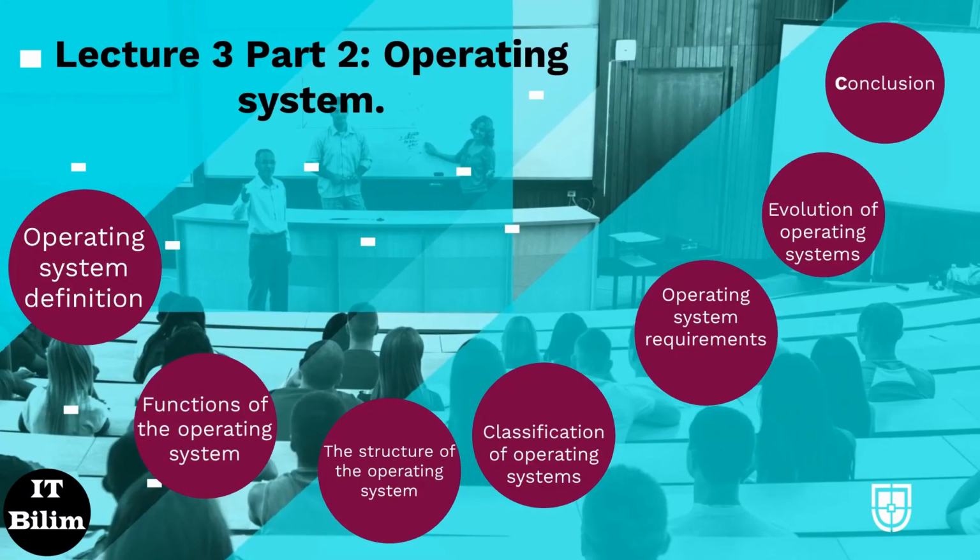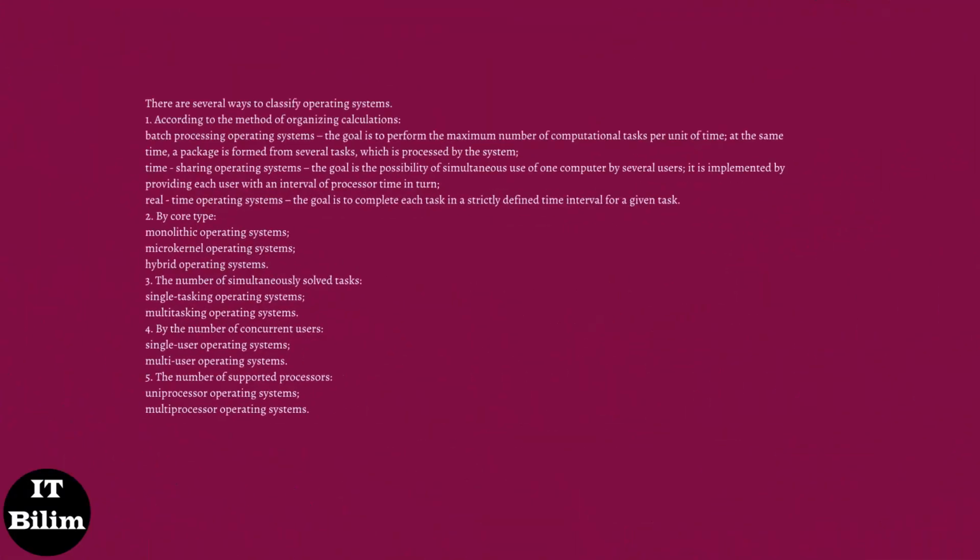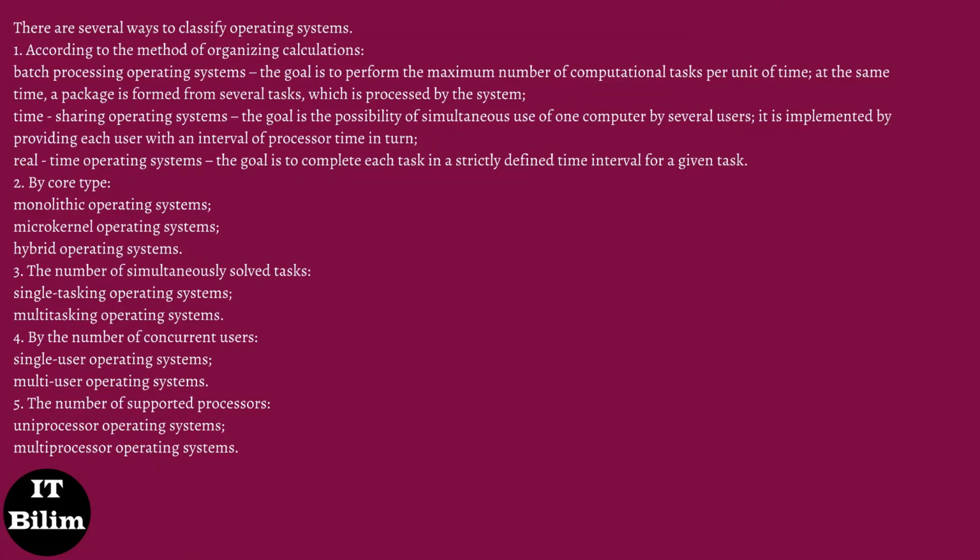Classification of operating systems. There are several ways to classify operating systems. 1. According to the method of organizing calculations. Batch processing operating systems: the goal is to perform the maximum number of computational tasks per unit of time. At the same time, a package is formed from several tasks, which is processed by the system.